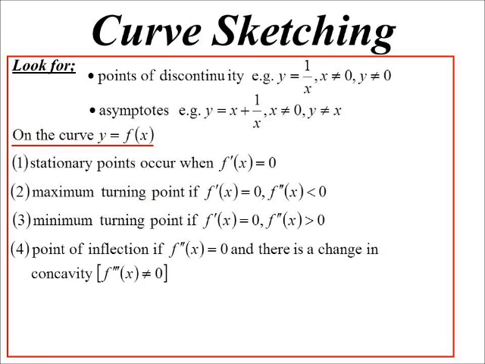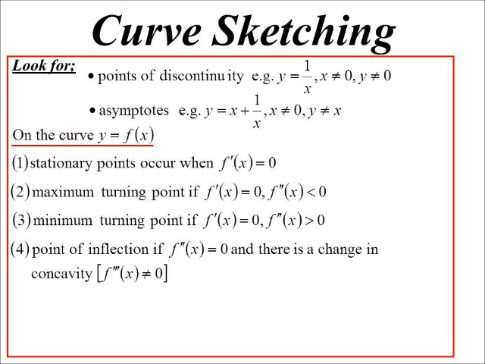Now, in reality, when you're drawing a sketch, you normally don't worry about finding points of inflection. Because if it's a continuous curve and you've got a maximum turning point and a minimum turning point, somewhere in between it's going to have to inflect. It just has to. So, to be honest, the only time I find points of inflection is if they actually ask for it.